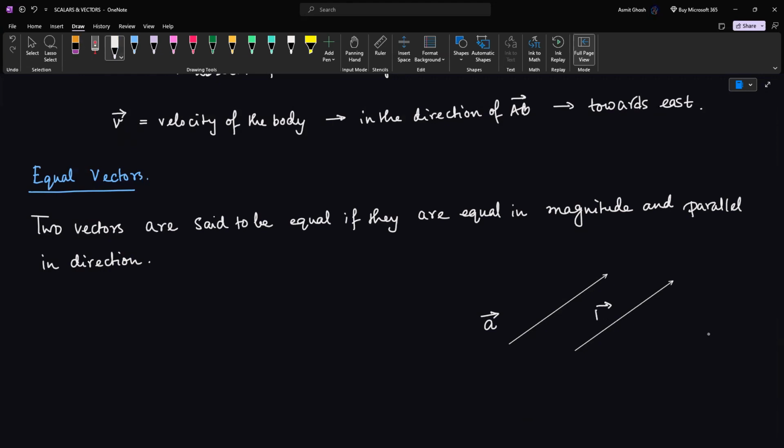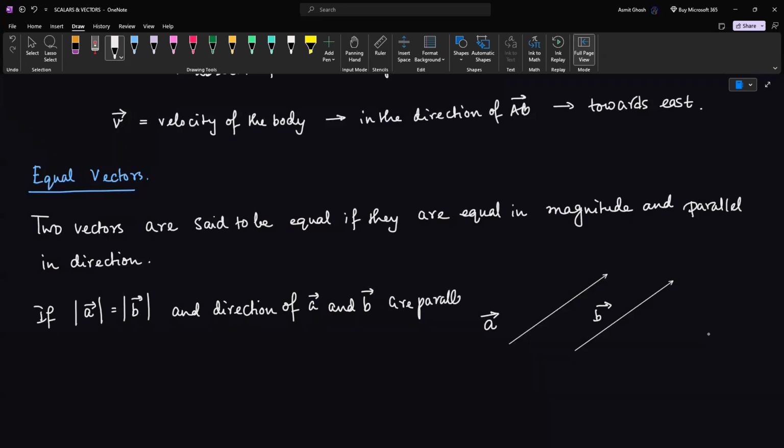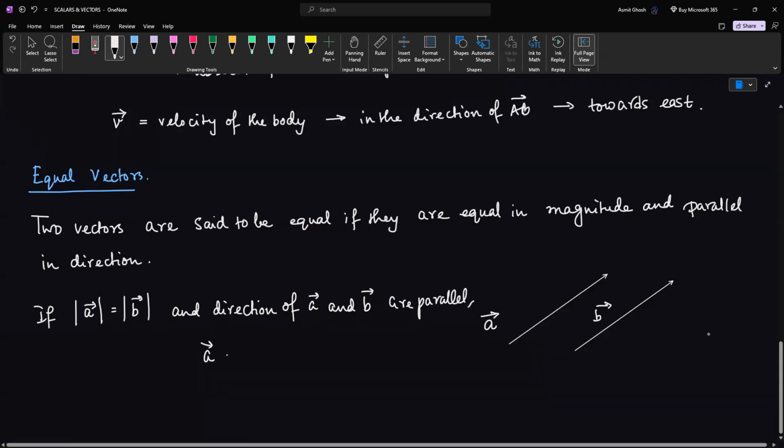So if this is another vector B, and if the magnitude of A is equal to the magnitude of B and the directions of A and B are parallel, we can say that A is equal to B.